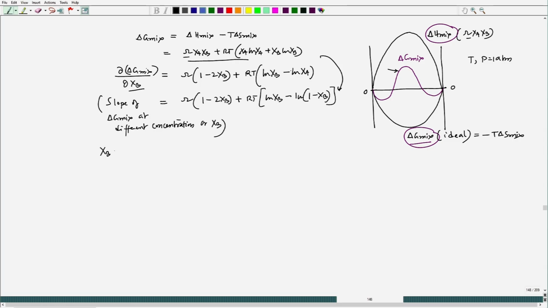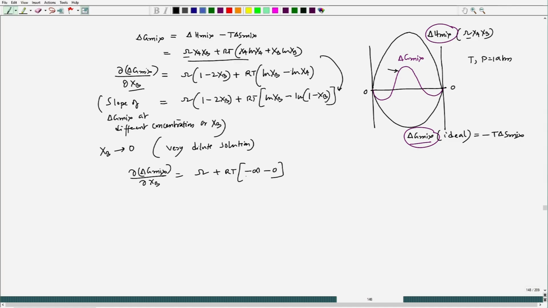So, if xB tends to 0, that means a very dilute solution. If that happens, then I can write this slope d(delta Gmix)/dxB at xB equal to 0 as omega plus RT, which becomes minus infinity.